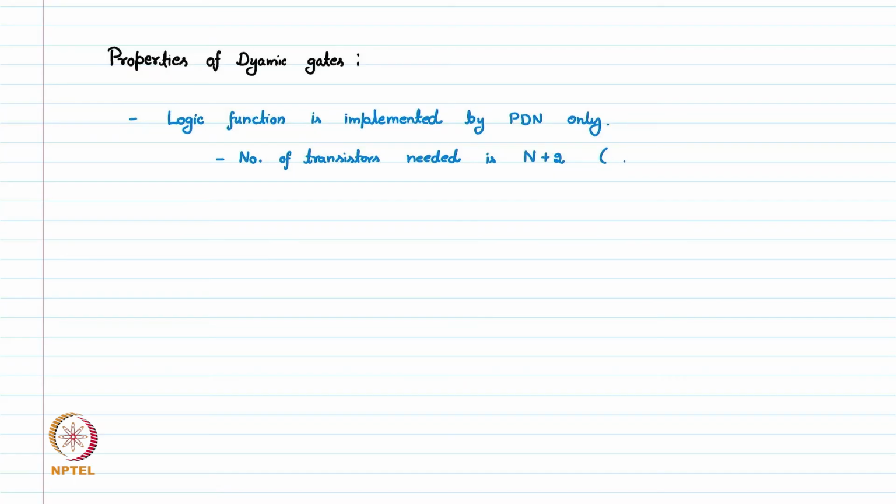We can write we need 2n in case of static CMOS. So this 2 comes from one additional PMOS we have on top and one additional NMOS we have at the bottom for the clock signal.